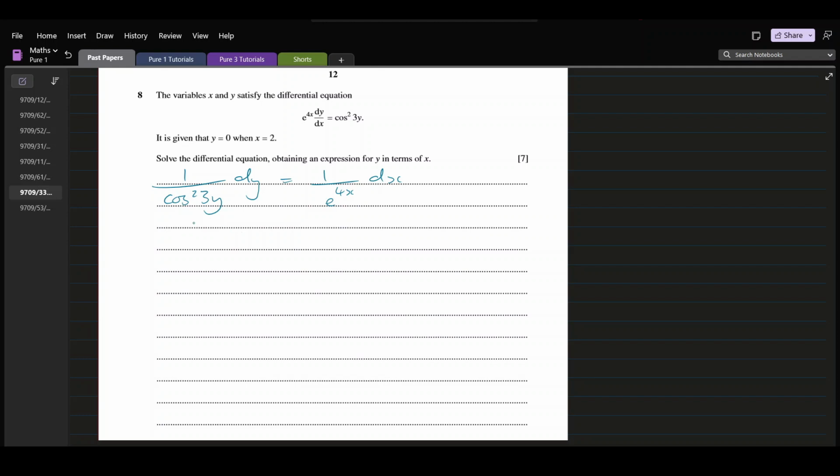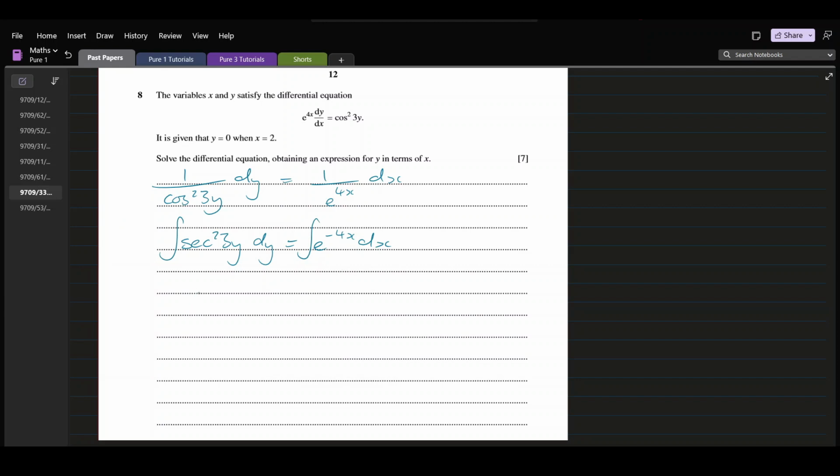Okay, and we can write this as 1 over cos squared, we know that's sec squared. So sec squared 3y with respect to y. And let's bring e to the 4x to our numerator. So that's e to the -4x with respect to x. And now let's integrate both sides.